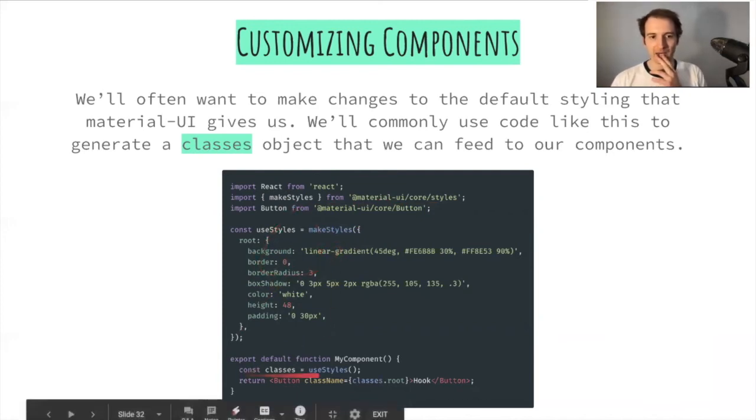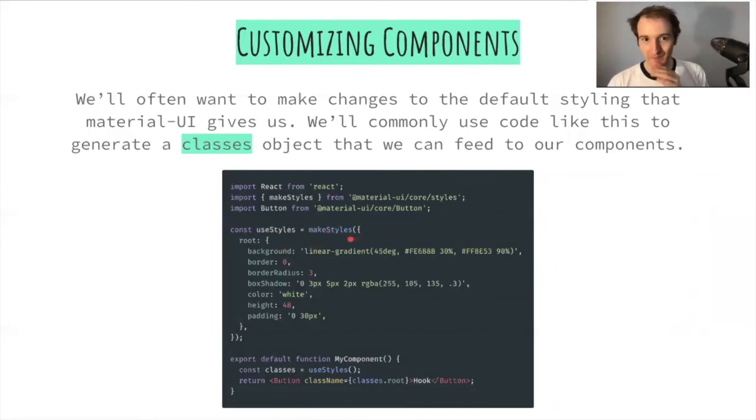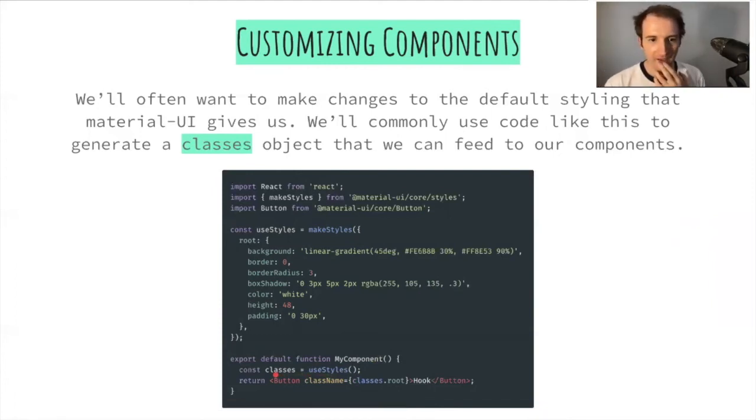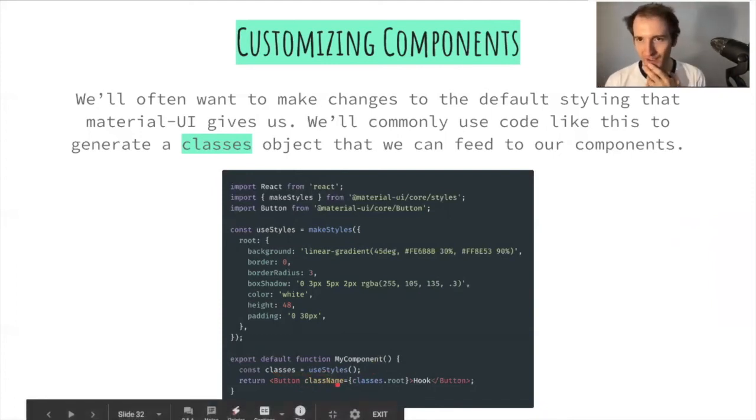Calling makeStyles returns a hook. And when we call that hook, this gives us a giant object called classes. We just need to set the class name to whatever gets generated here, and that will automatically apply all of these styles to that component.